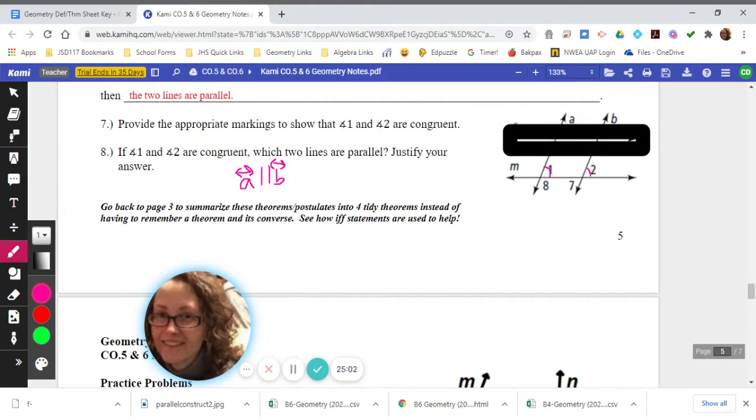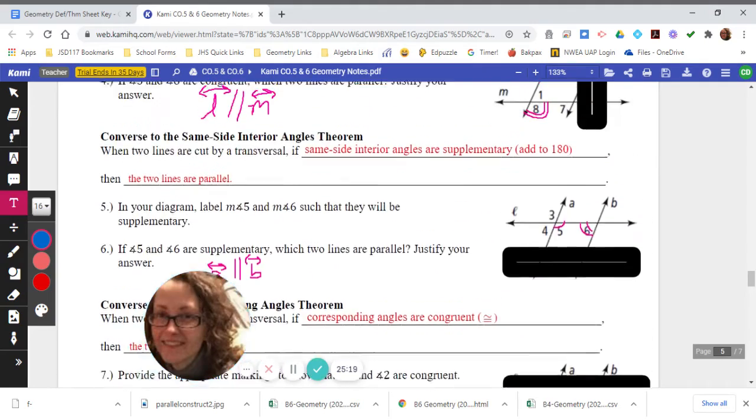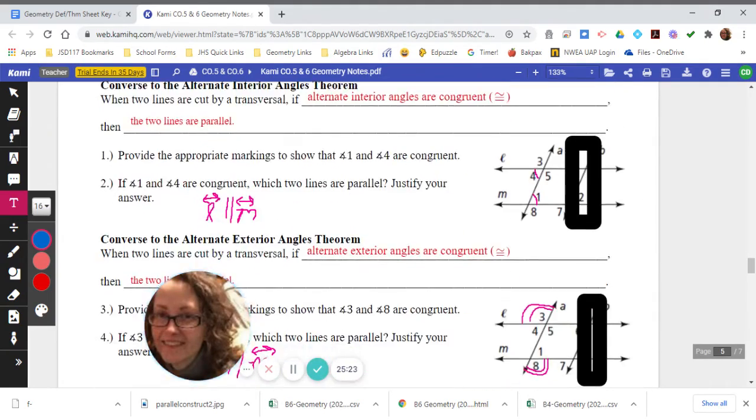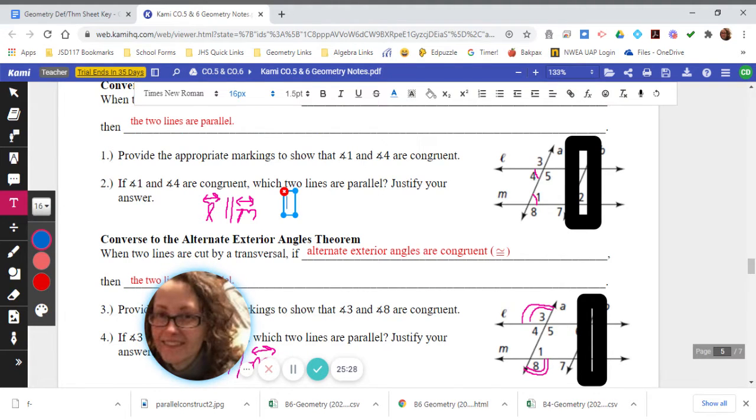Now we're going to go back to page 3 and summarize everything that we've done in 6 tidy little theorems, instead of having to remember all of the theorems and their converses. What I have not done so far is they asked me to justify my answers for my parallel lines, so I'm going to do that real quick.